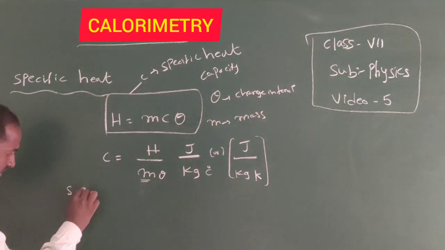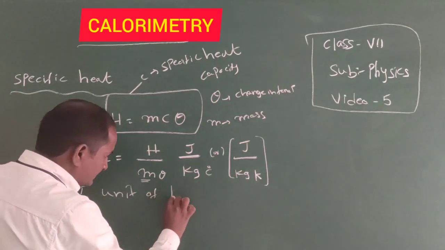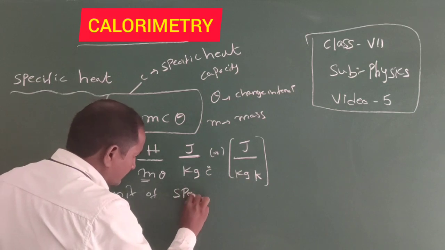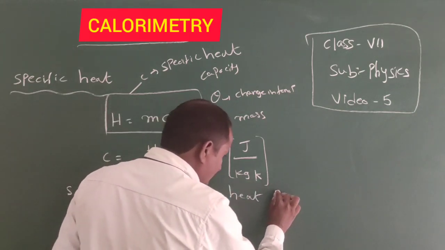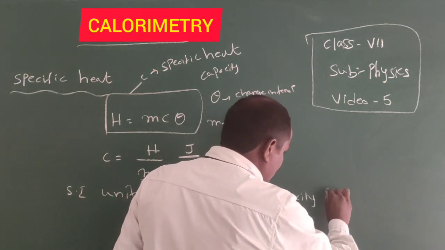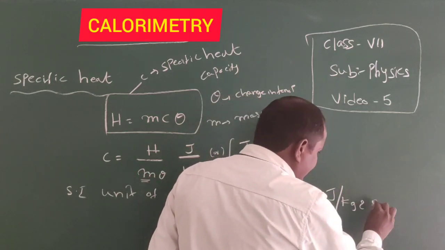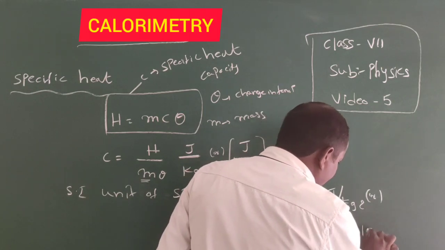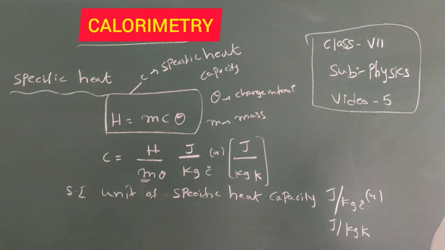So the SI unit of specific heat capacity is joule per kg degree Celsius or joule per kg Kelvin.